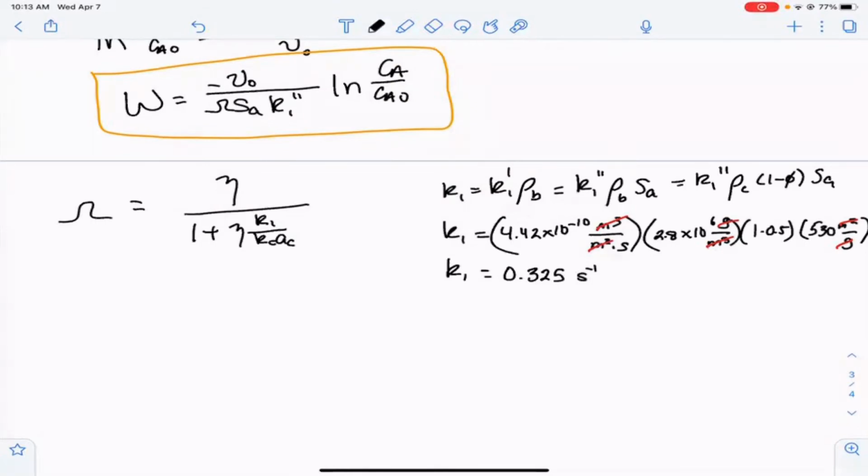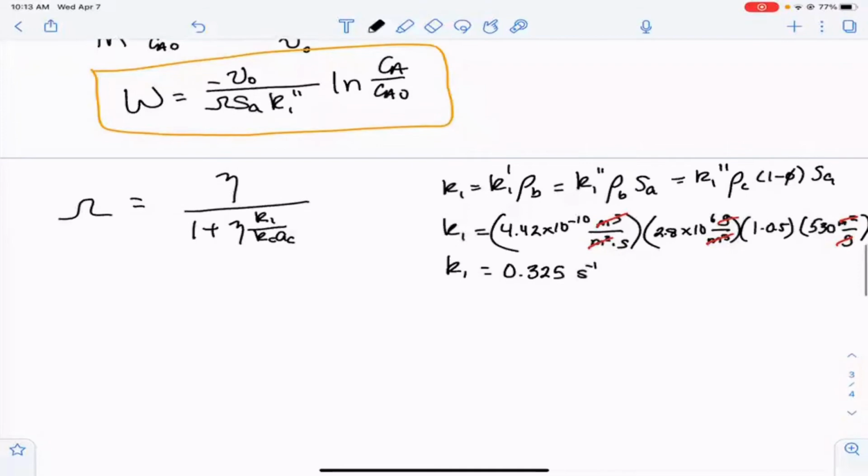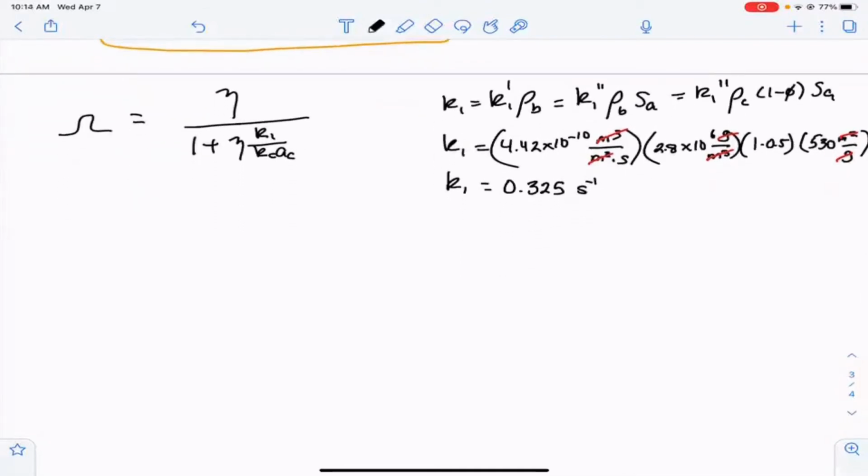So that's great. Now we're going to calculate the internal effectiveness factor. And to do that, we're going to use a formula that I showed last time, but not one that we've actually done a calculation with yet. And that was that the effectiveness factor was 3 over the Thiele modulus times the square root of the Thiele modulus times the hyperbolic cotangent minus 1.